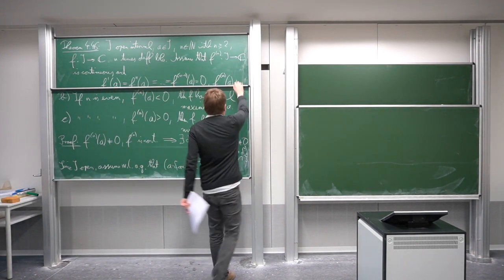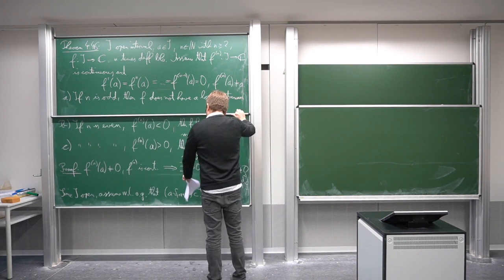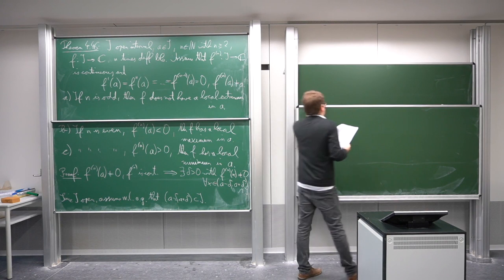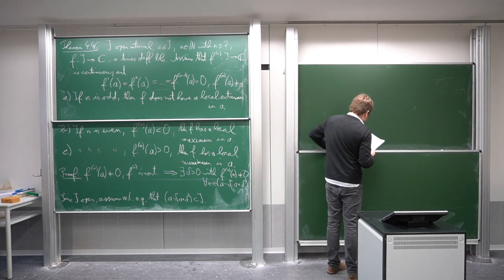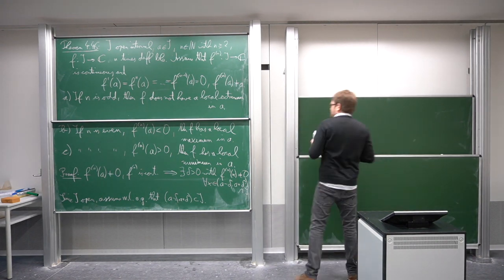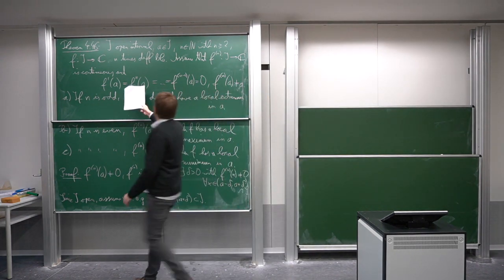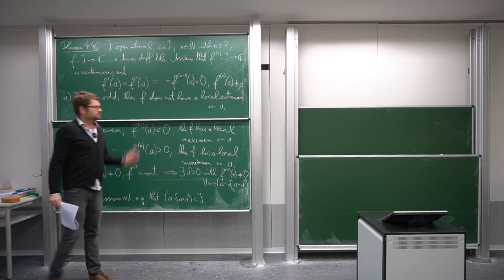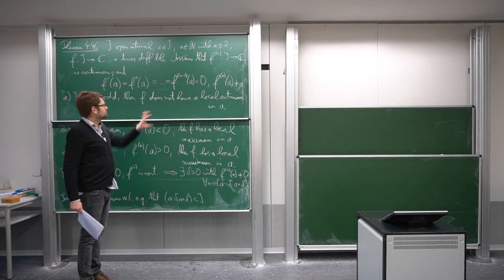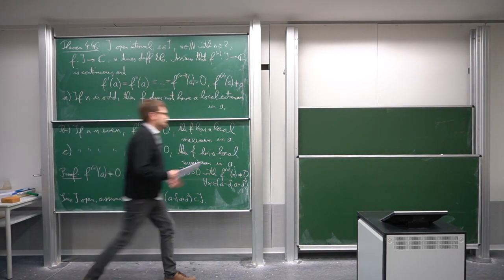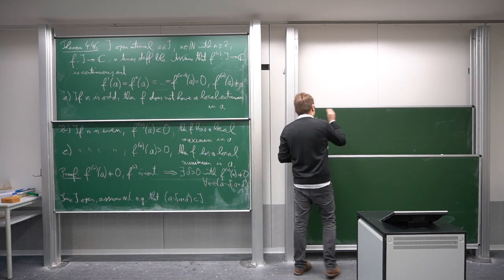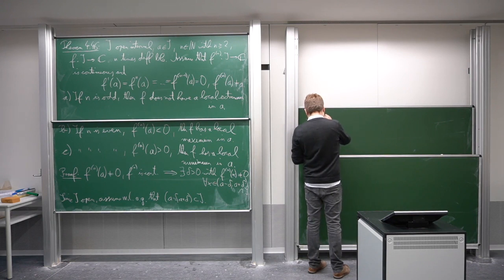Now, if we take a look at Taylor, we know that locally near A, we can approximate f by the Taylor polynomials at A. And since the derivatives are vanishing up to the (n minus first), in the Taylor polynomial the summands up to n minus 1 just vanish because the coefficients are 0. Only the 0th one remains actually.